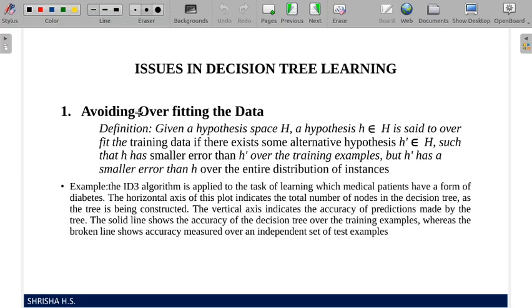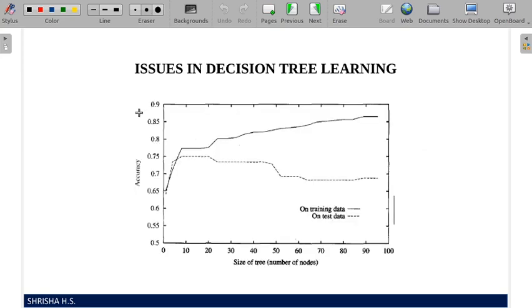Just for the illustration of overfitting of data, we'll assume that we have applied the ID3 algorithm to some medical data set. Whenever the tree grows to a much greater height, it tends to overfit the data. We have a graph, taken straight from the author, which gives accuracy versus size of the trees in terms of number of nodes.